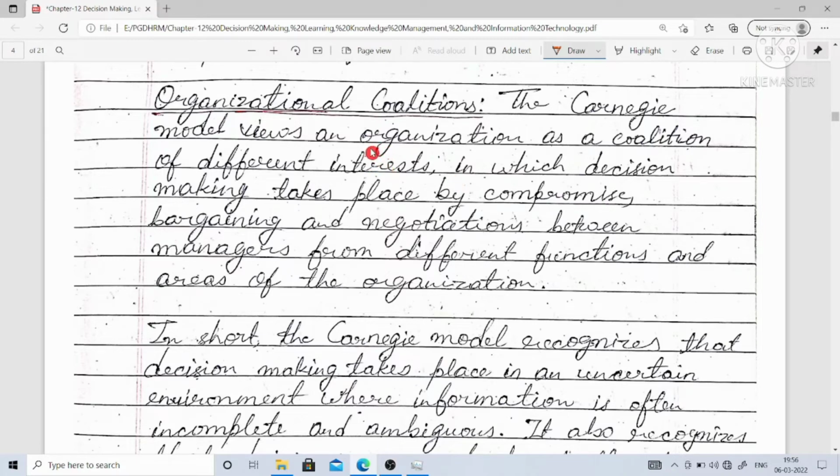In simple words, whenever a coalition forms in an organization, different interests will be there, and decision making takes place by compromise, bargaining and negotiations between managers from different functions and areas of the organization.